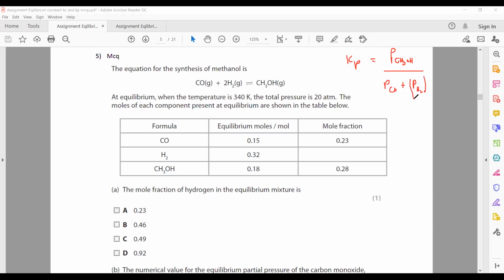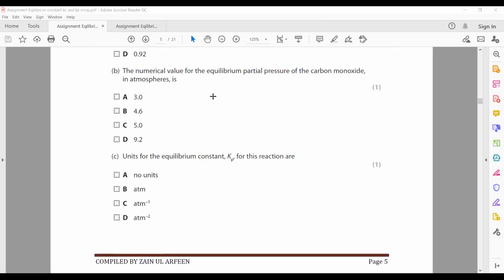But because its coefficient is 2, it will be squared. Here it's not plus, it's multiplication. So just substitute the values for their pressures and you will get the value for Kp. What's the answer for this question? The unit we need is atm to the power minus 2.